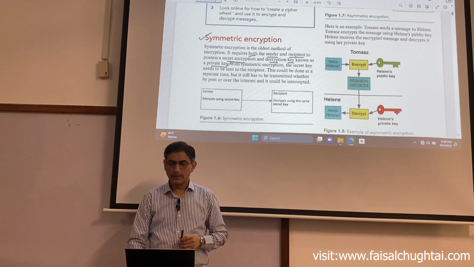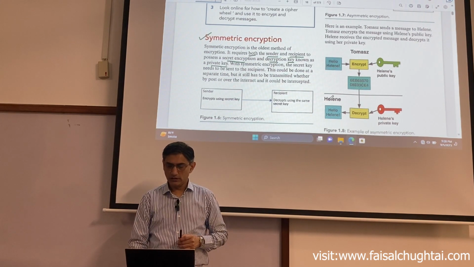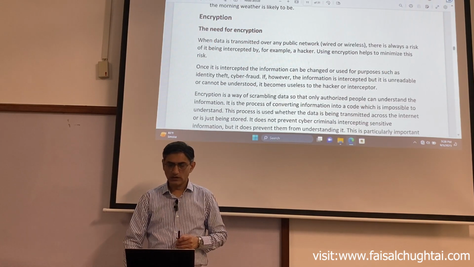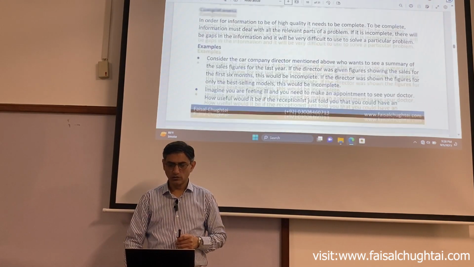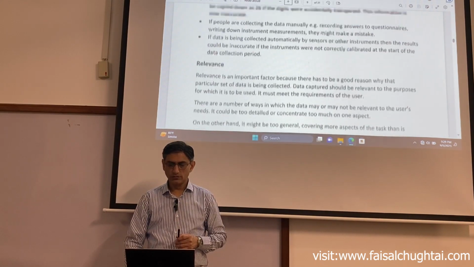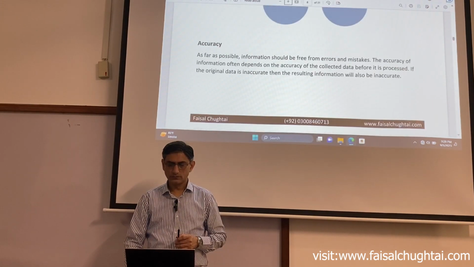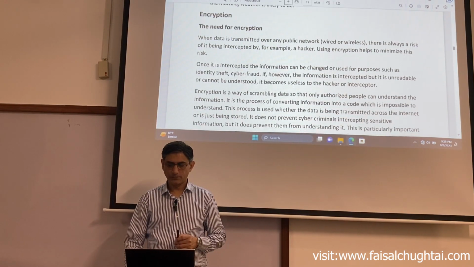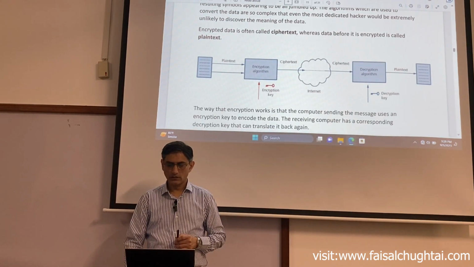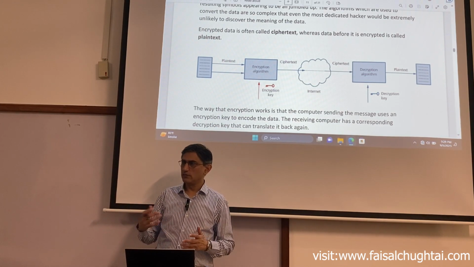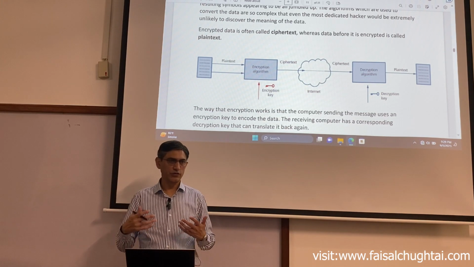Okay, let me also refer to my notes. Some things that I was going over in my notes, I thought probably I would show you. This figure, I think, very accurately demonstrates the encryption process.